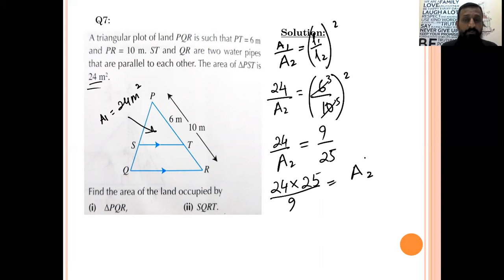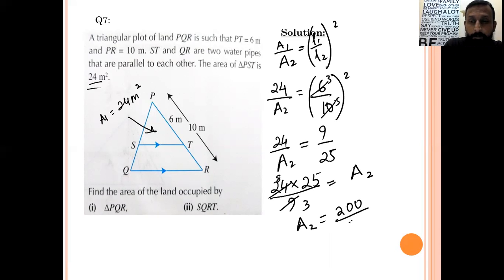So you can simplify it. 9 ones are 9, or 3 threes are 9, 3 eights are 24. Finally, you have 8 multiplied by 25 is 200, and the denominator is 3. 200 upon 3. Now, you can simplify it by using your calculator.